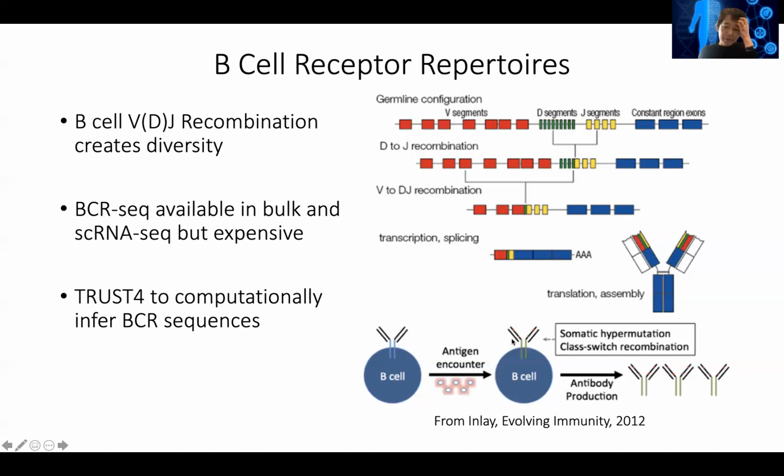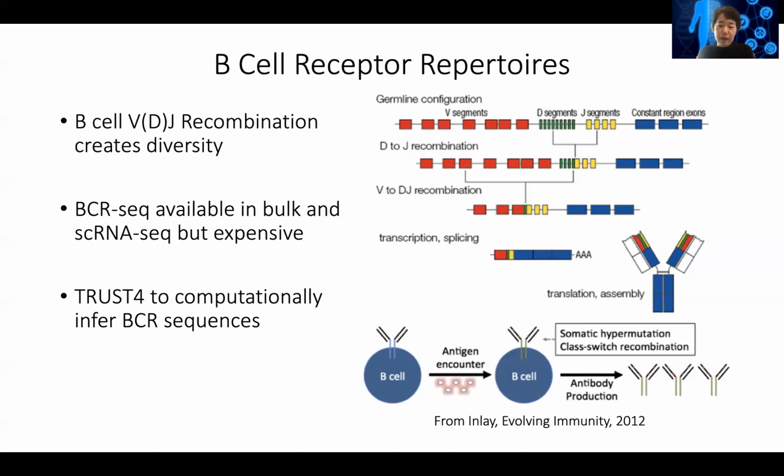This is so that it can gradually evolve an antibody to have better and better binding affinity against the antigen of interest. Initially, you might have a naive B cell which just binds the antigen a little bit, but as it clones itself, it can have mutations.